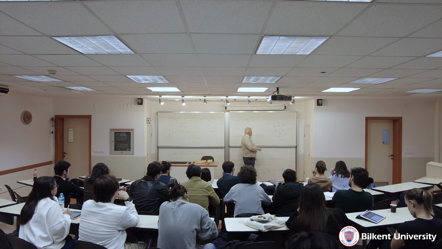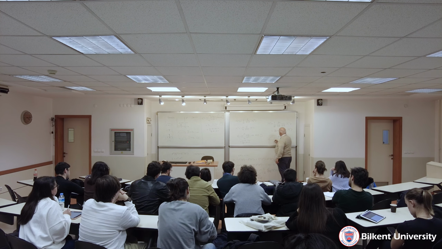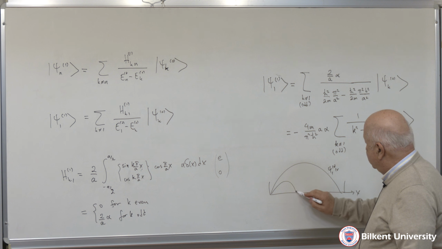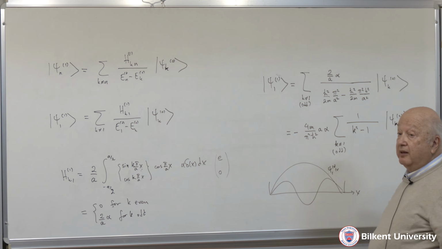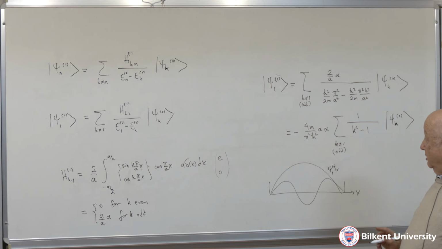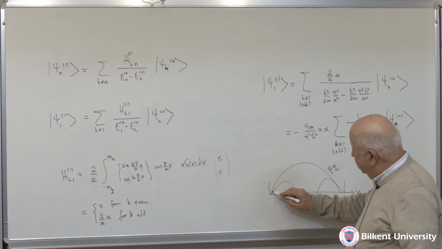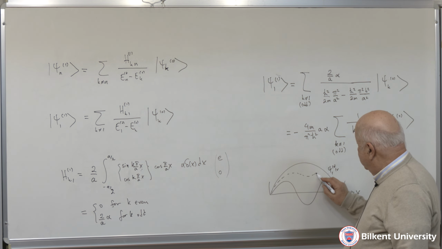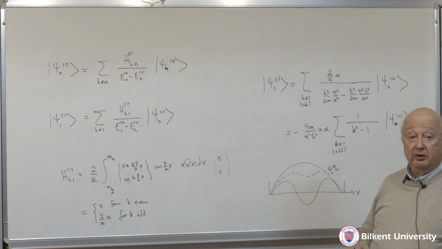I am going to add something which looks like this, with a minus sign, minus cosine. So when I add them up, it's going to reduce this central part a little bit.